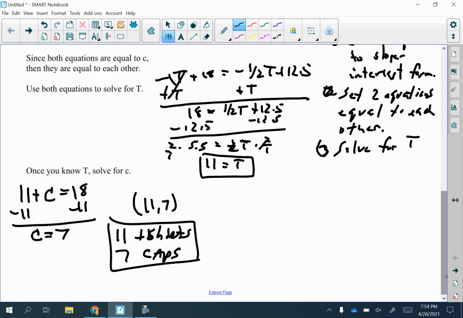All right. Once you solve for that, you are going to take your solution and replace it into one of the equations.